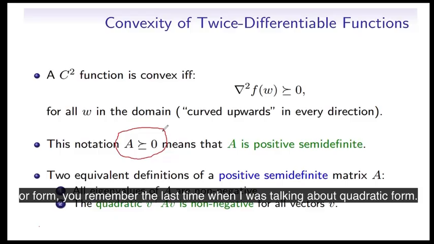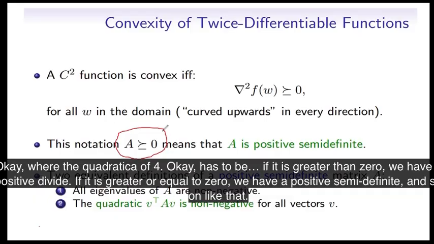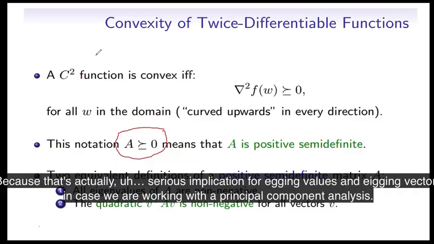You remember the last time when I was talking about quadratic form? If it is greater than zero, we have a positive definite. If it is greater or equal to zero, we have a positive semi-definite and so on, because that has a serious implication for eigenvalues and eigenvectors in case we are working with principal component analysis.